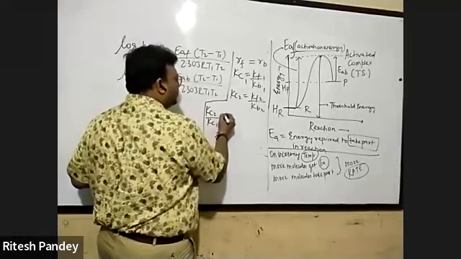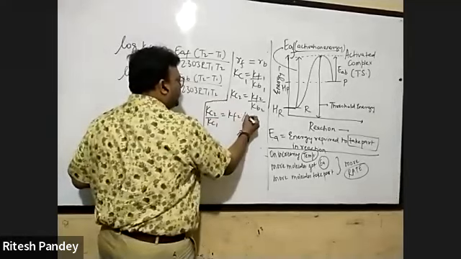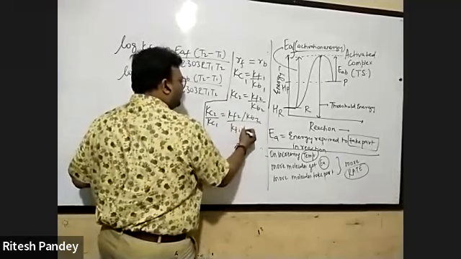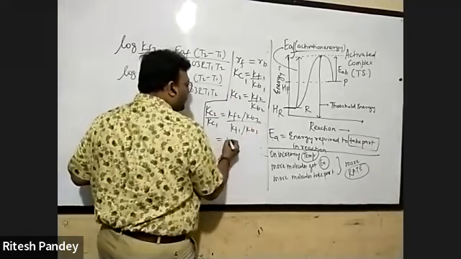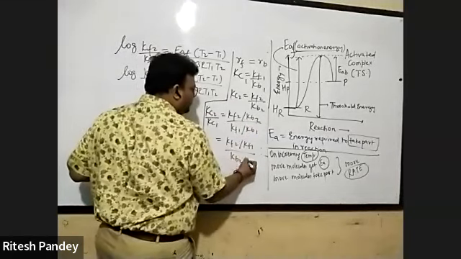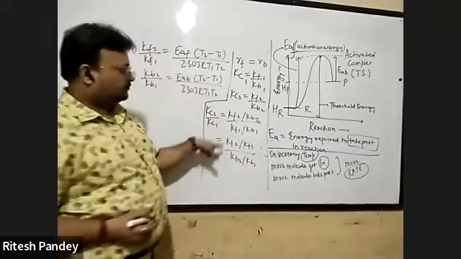Kc2 by Kc1, which is Kf2 by Kb2 upon Kf1 by Kb1, could be written as Kf2 by Kf1 upon Kb2 by Kb1. ये दोनों सेम है ना?